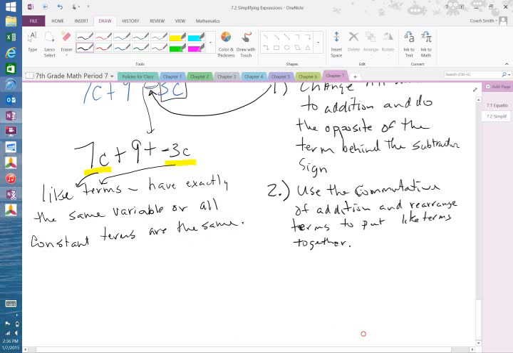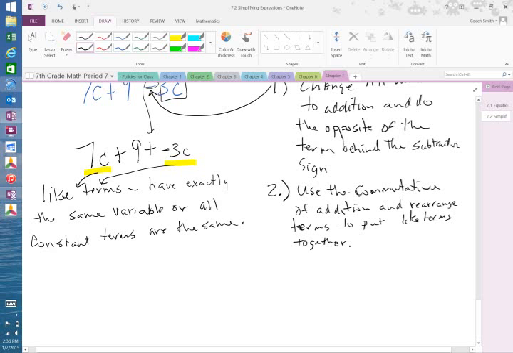So in this problem, what is my constant terms? I have 7c, 9c, I have 9. Look at your definition for a constant. What is a constant? A number term by itself. So it's 9. The only constant in this problem is 9.